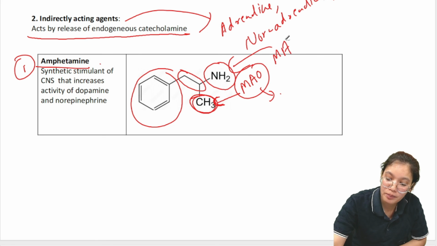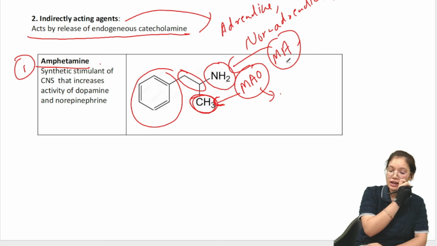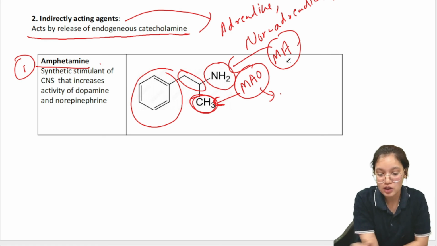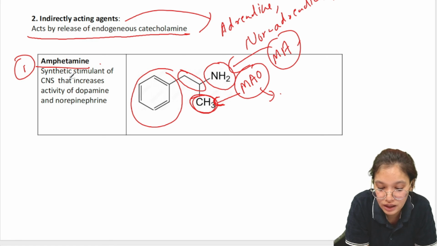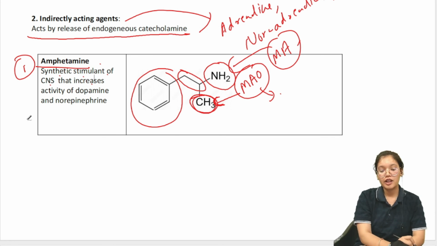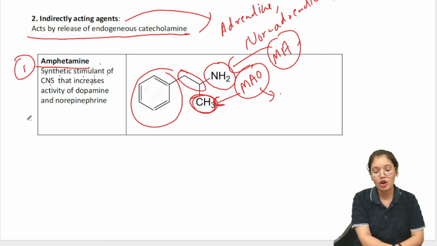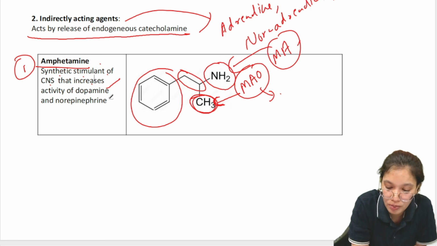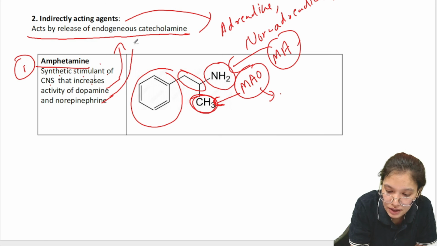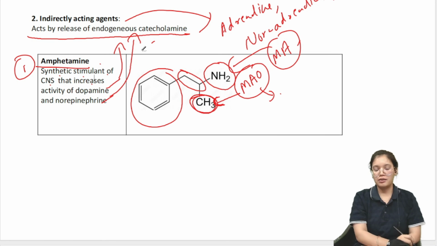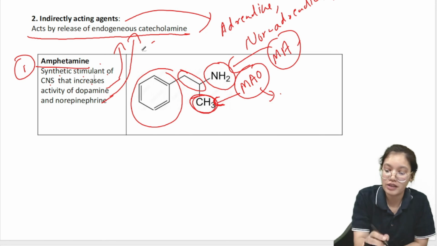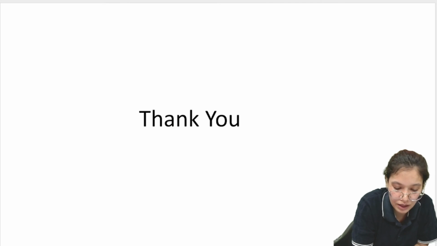Remember, we have already discussed this. It is basically a synthetic stimulant of the CNS that increases the activity of dopamine and norepinephrine. These dopamine and norepinephrine are basically the endogenous catecholamines. Amphetamine is a very simple structure.